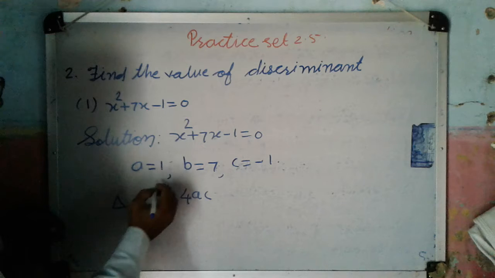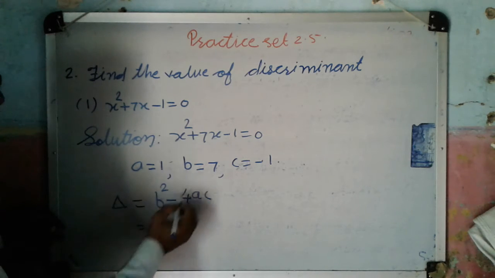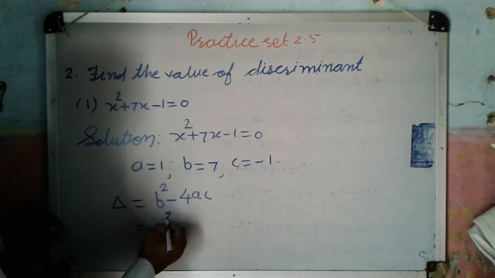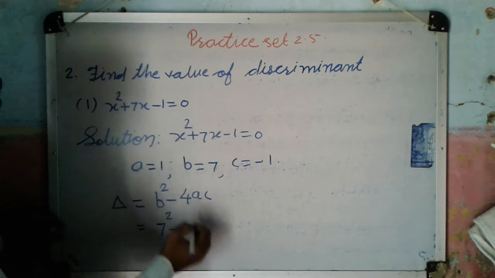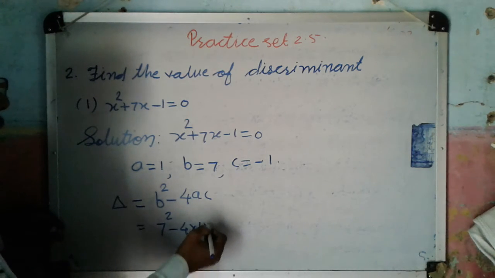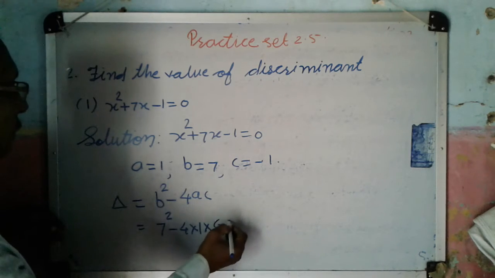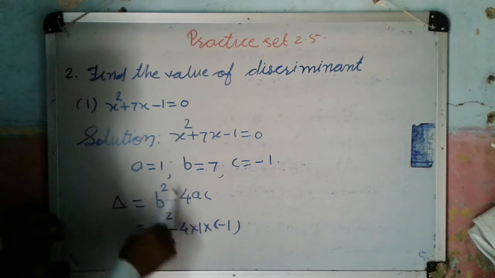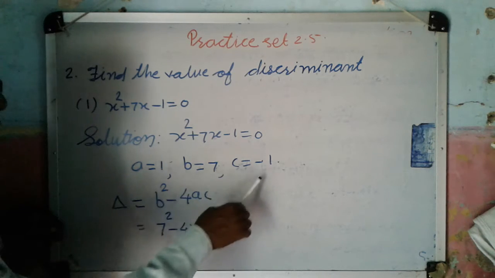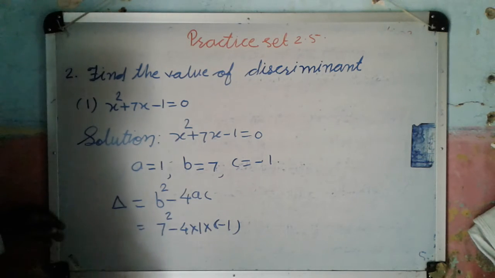Put the values of a, b, c, we get 7 square minus 4 multiplied by 1 multiplied by minus 1. So the value of b is 7, that means 7 square minus 4, the value of a is 1 and the value of c is minus 1.